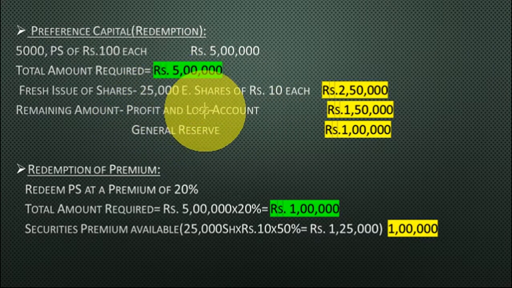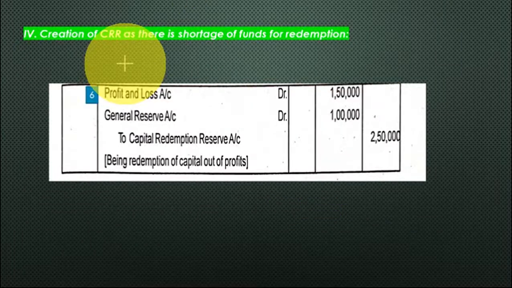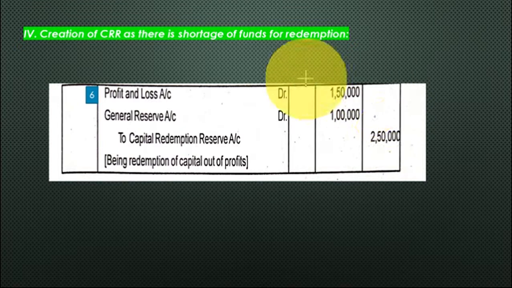From the previous profits, we can use the fund 1,50,000. Same thing here. From which accounts are we taking and transferring to which account? We are taking from profit and loss account 1,50,000. These are the shortage of funds. Okay, general reserve account debit. From this, we are transferring to CRR account 2,50,000. Clear? So from which account to which account are we transferring? Okay, so now the amount is ready with us.